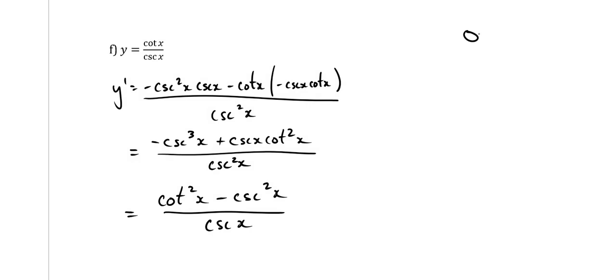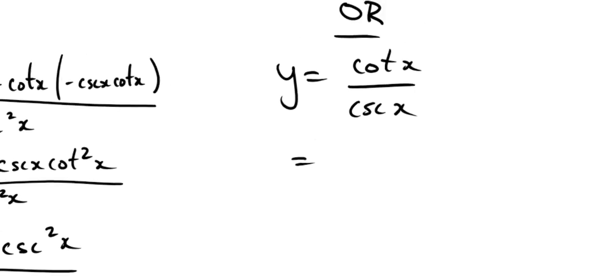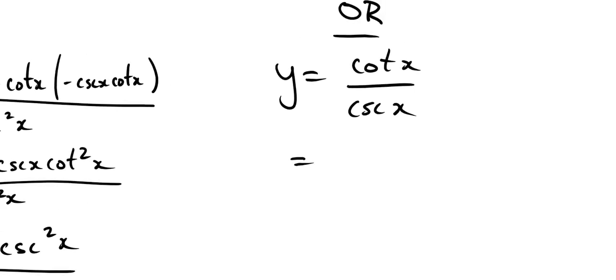But what if instead of all that, let me show you this trick. So if y is cotangent x over cosecant x, okay, what is cotangent? Yep. Cos over sine, divided by what's cosecant? 1 over sine.